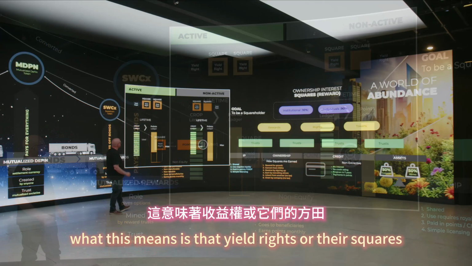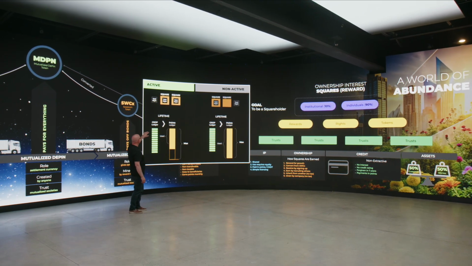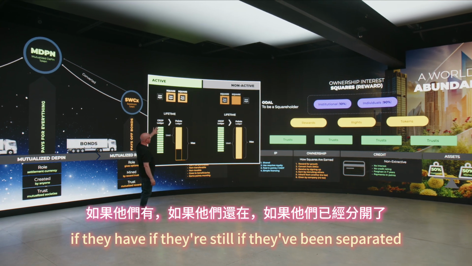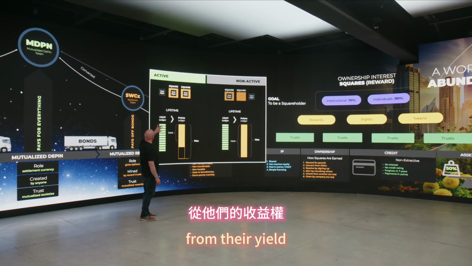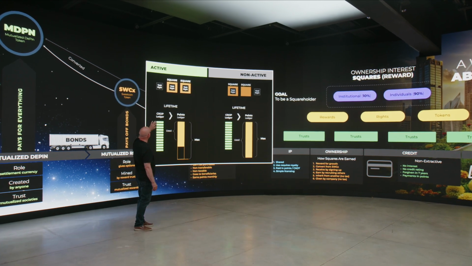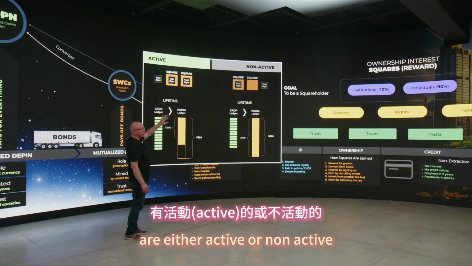What this means is that yield rights, or the squares they come from, if the yield right has been separated from its square, or squares with yield rights intact, are either active or non-active.